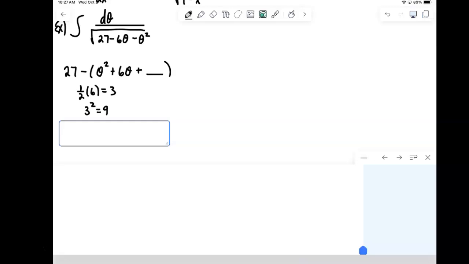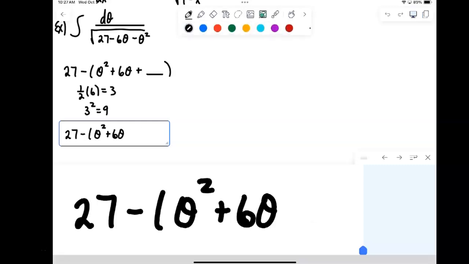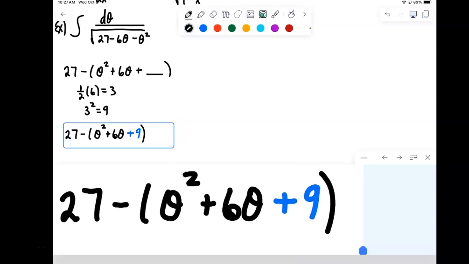Okay, so I'm going to do that. 27 minus theta squared plus 6 theta. I need to add 9, so I add a 9. I make that stand out a little bit better by making it blue. Now I have to also account for the fact that I added a 9.